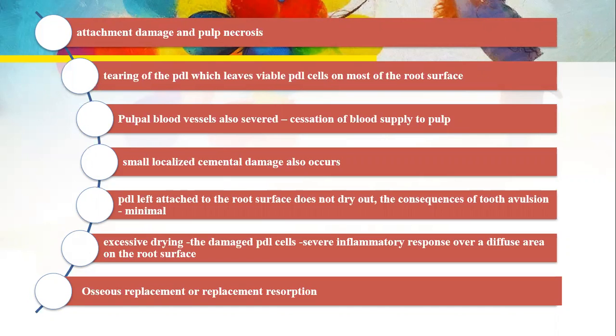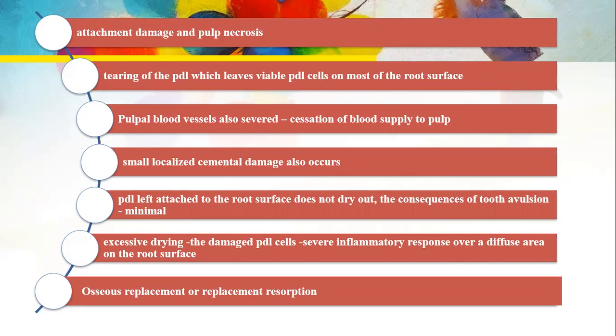Excessive drying leads to damage of the periodontal ligament cells. If the PDL cells are dry and damaged, a severe inflammatory response will occur over a diffused area on the root surface, and because of this the prognosis will be much lower compared to when viable PDL cells are maintained or preserved.